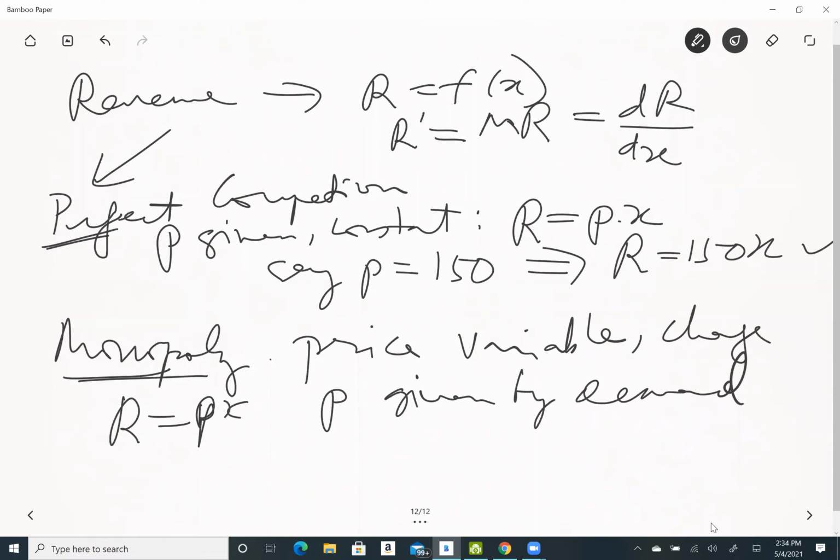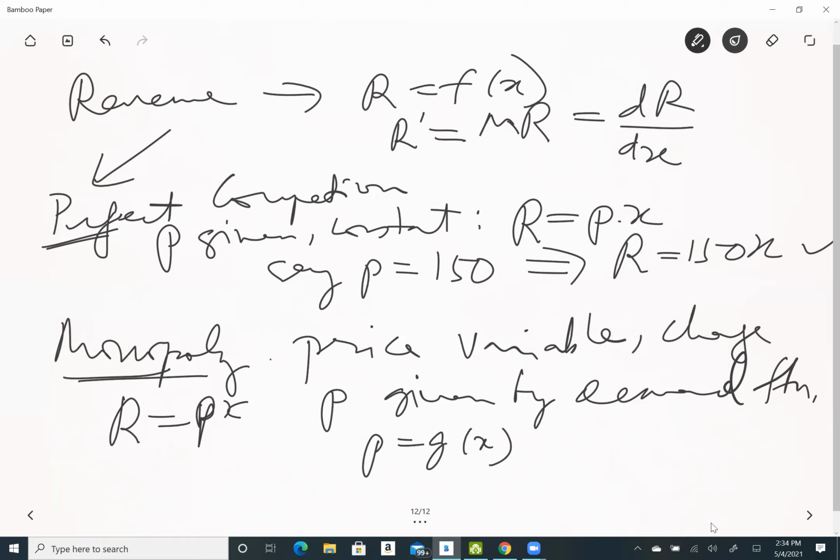Okay, demand function. So for the demand function, you have P as a function of X. I will use another letter because I have already used f for the revenue function. So let's say P is a function of x, D of x.